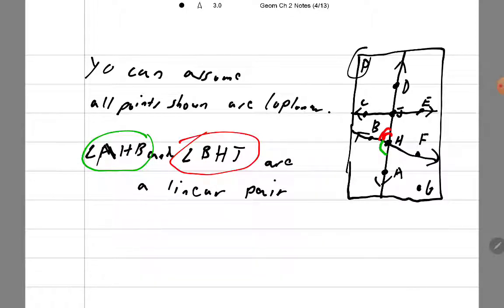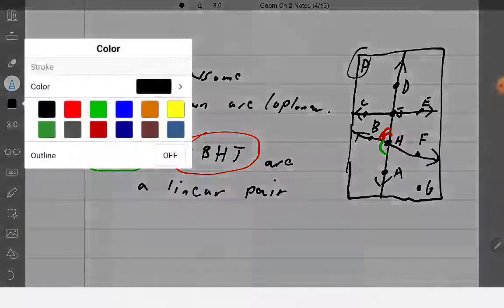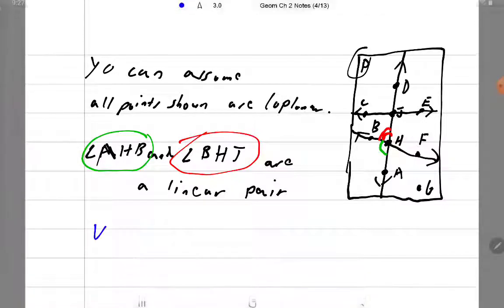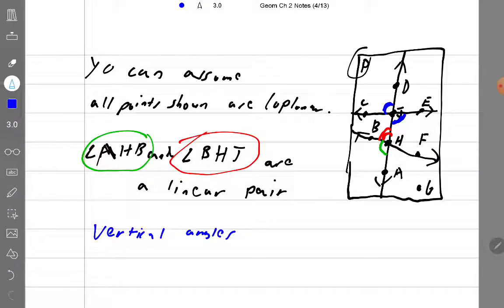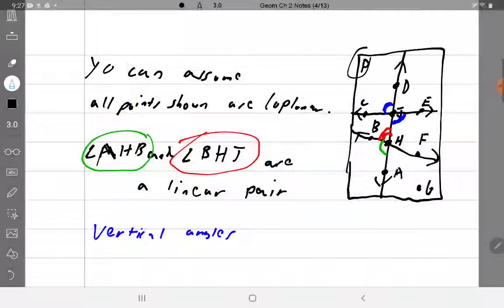We can assume vertical angles, so opposite. If we have an intersection, this angle here is congruent to that angle here. And then the opposite diagonals are congruent to each other. We can assume that points are collinear. So D, J, H, A, they're all on the same line.